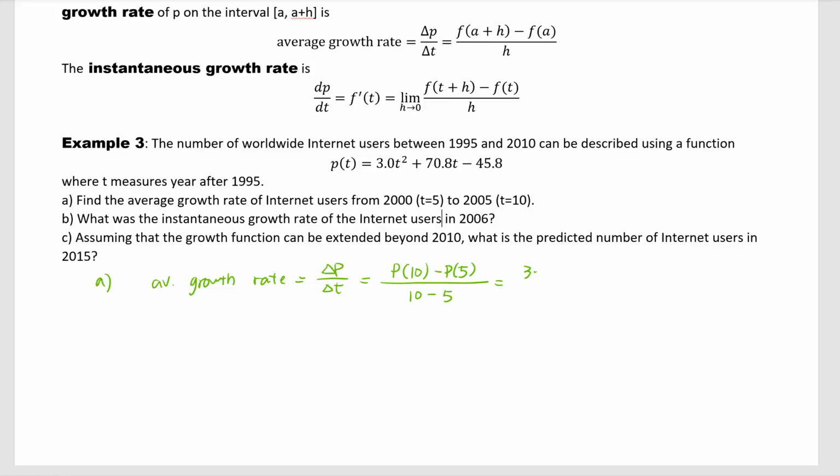So 3 times 10 squared, 100, plus 17.8 times 10 minus 45.8. Subtract. When you plug in 5, I strongly recommend you put parentheses here. Okay, and the bottom, 10 minus 5 is 5.